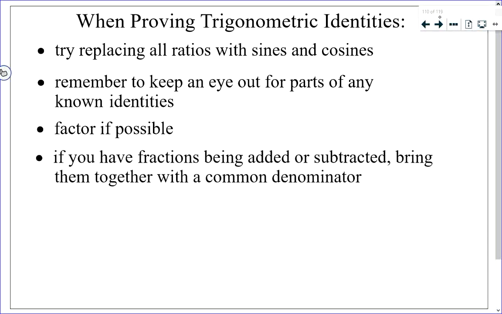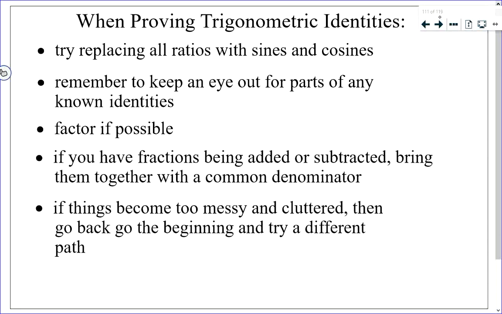Remember, everybody, that the idea behind a proof is you want to work on the left side and the right side separately, and you want to manipulate the left side by doing all of this to turn it into the right side, or manipulate the right side to turn it into the left side, or by working on each of them separately and finding a middle ground. But you still do all of this.